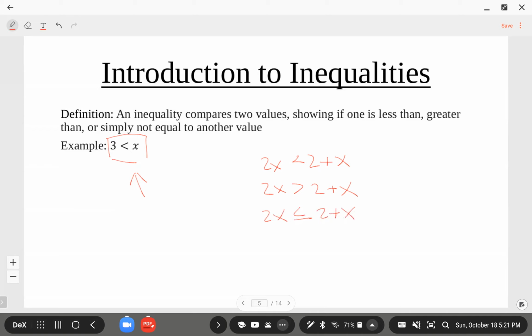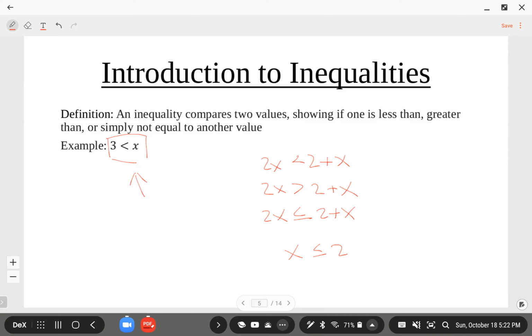When we solve it, remember we just move the x to this side, and then x will be less than or equal to 2.